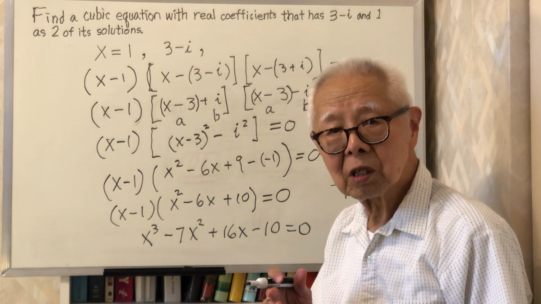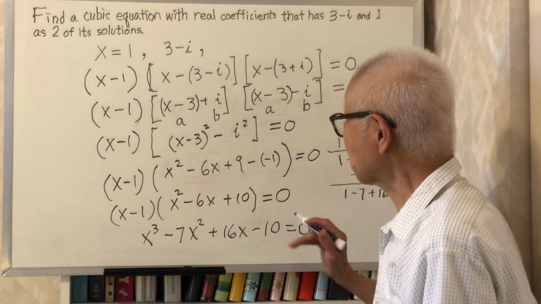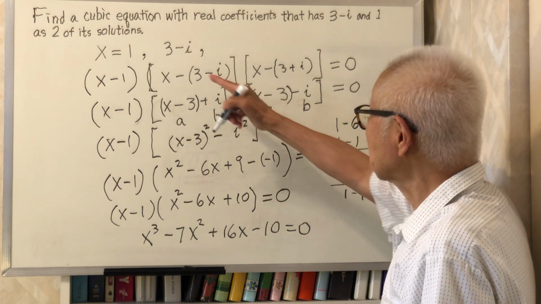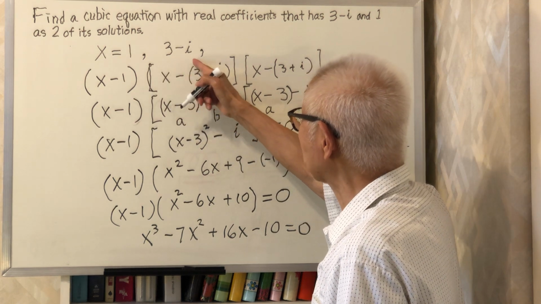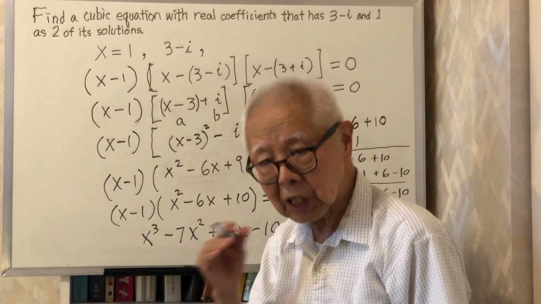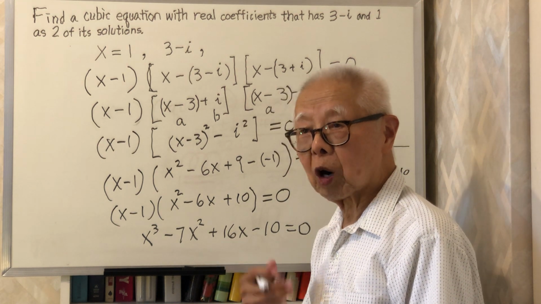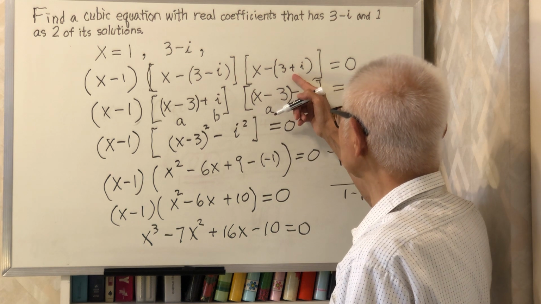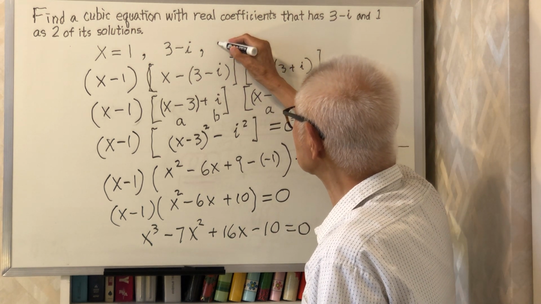I like to mention another method, getting the same answer. So what is another method? The solutions 1 and 3 minus i are already given to you. And I use the properties of quadratic function. I conclude that my other answer is 3 plus i.